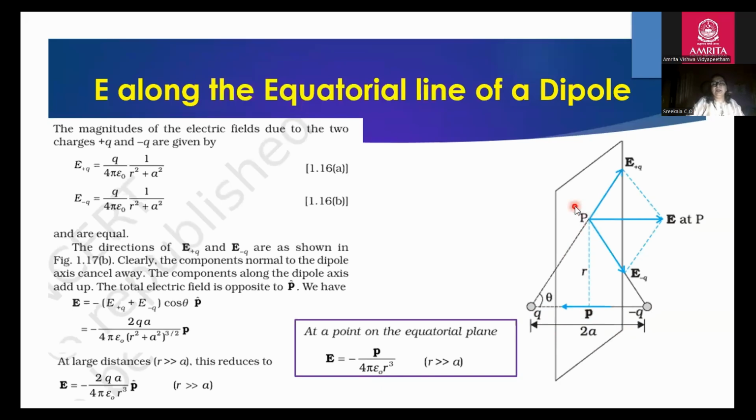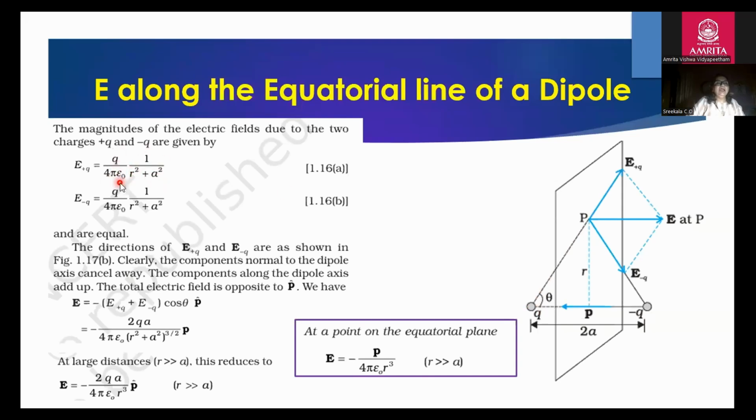In order to find the electric field intensity on the equatorial line, we consider the charges plus q and minus q separately. The electric field due to plus q is 1 by 4 pi epsilon 0 into q by r square plus a square.